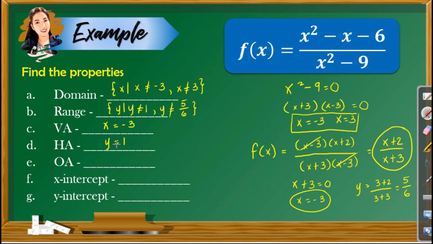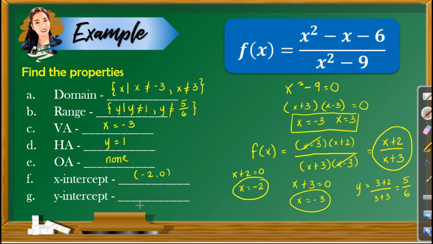Since the horizontal asymptote exists, the oblique asymptote does not exist. The x-intercept is taken from the simplified form. We have to equate the numerator x plus 2 equals 0 and then solve for the value of x, so we have x equals negative 2. With this, we can now write the x-intercept as negative 2, 0.